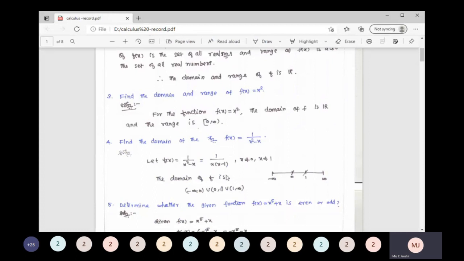Therefore, the domain is defined in minus infinity to 0 and 0 to 1 and 1 to infinity, except the 0 and 1.